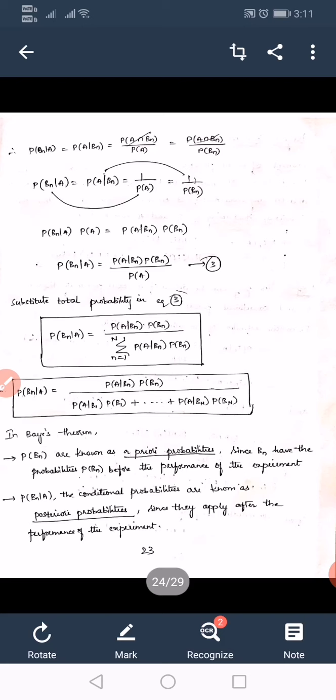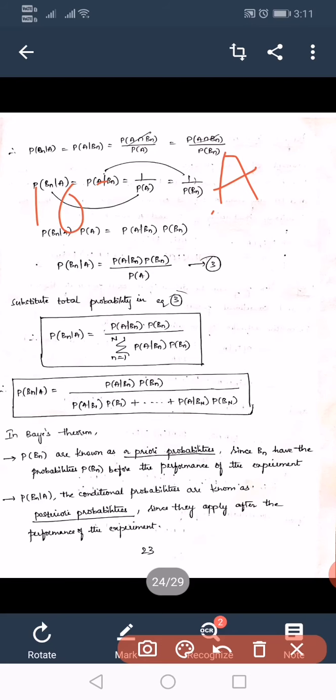Here let us consider, for example, an event A as the patient is having a liver disease. Okay, patient is having a liver disease, let it be event A. But before conducting the test, or before the test is performed on the patient, based on the past data, what the hospital can say is 10% of the patients who enter the clinic have this liver disease.